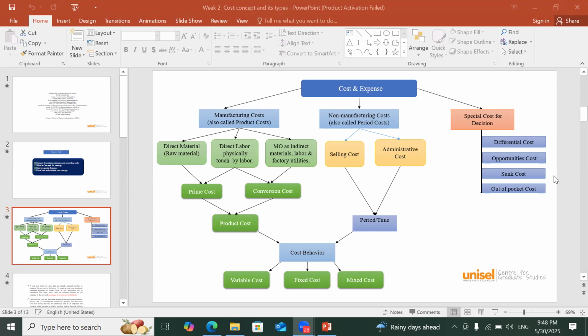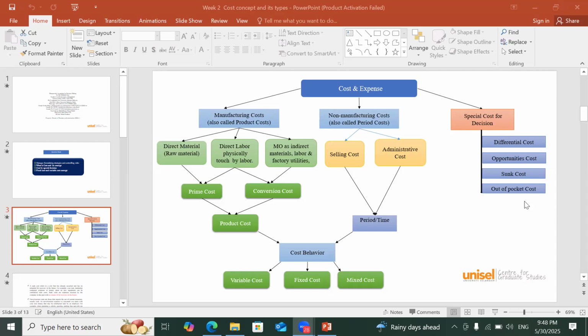Another is out of pocket cost. Actually, at first you spend on behalf of your employer. After the period ends, you make a bill and try to take the money back from the employer, from the industry, from the organization. This is the out of pocket cost.